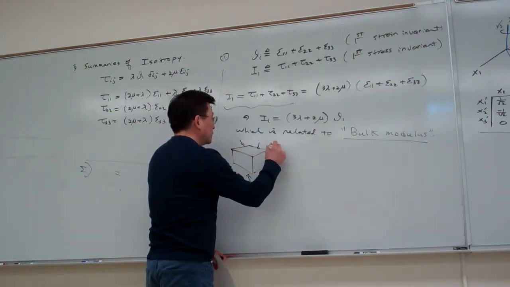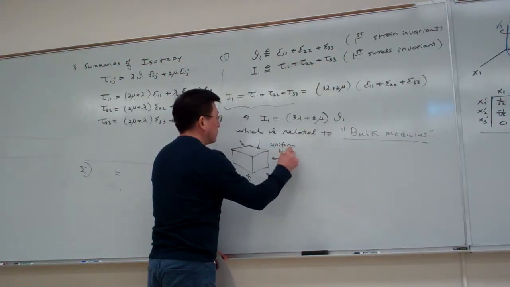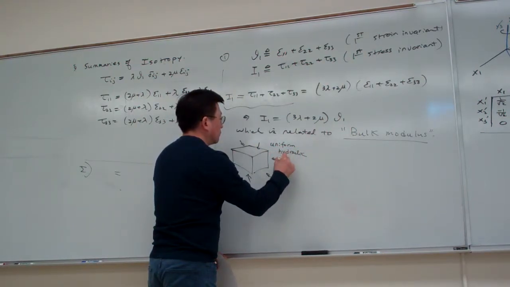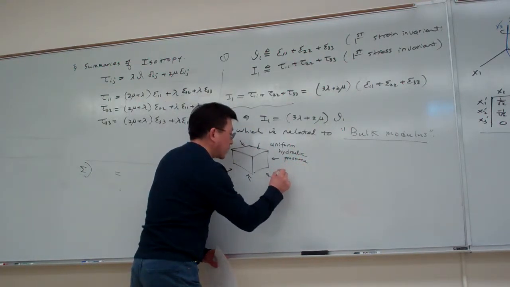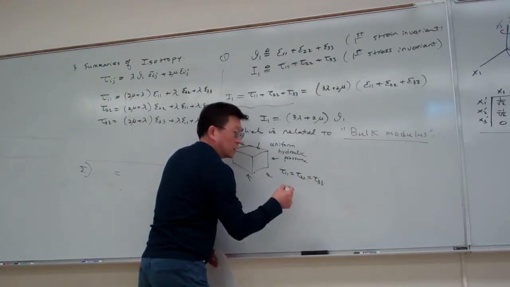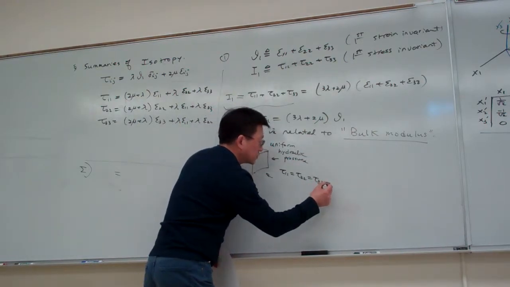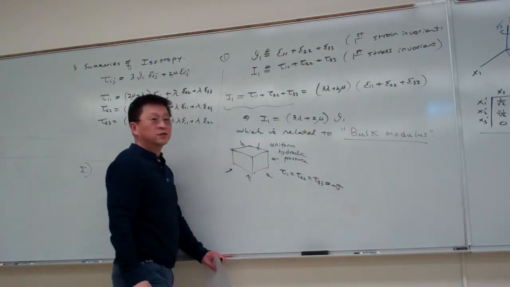So uniform, that means tau 11 equals tau 22 equals tau 33, pressure, negative stress. So let me say negative sigma.